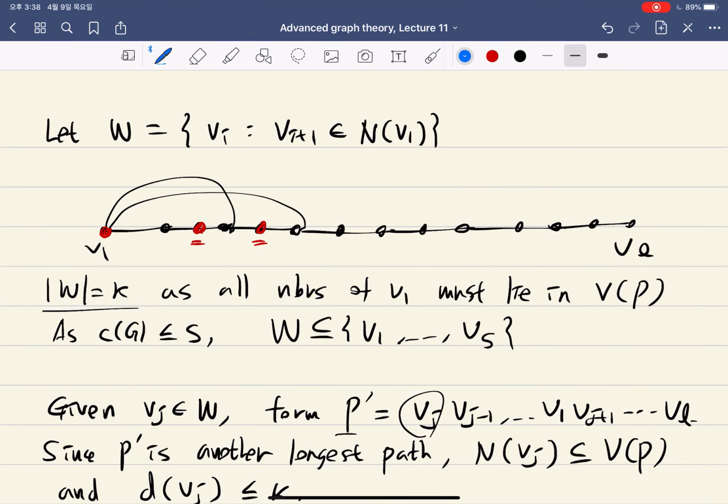Because if it has Pt with t at least s, then you get this cycle, which has length t, which is bigger than s.